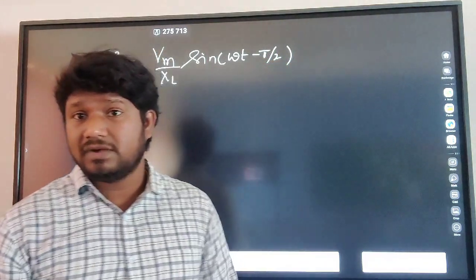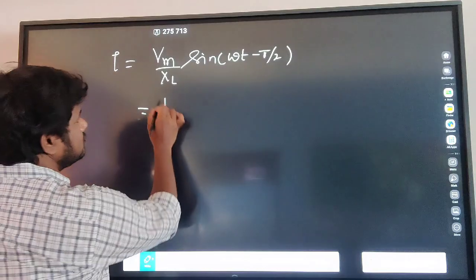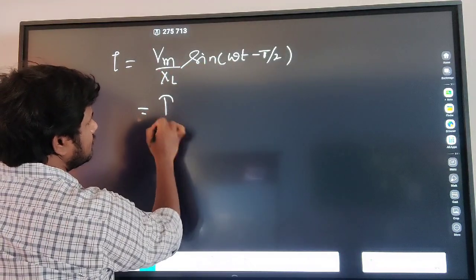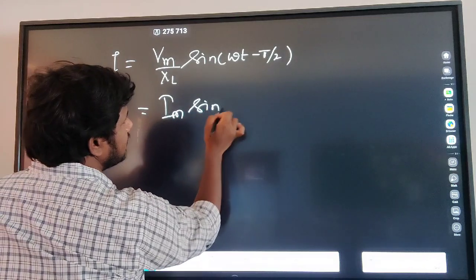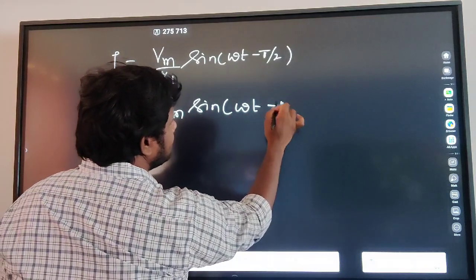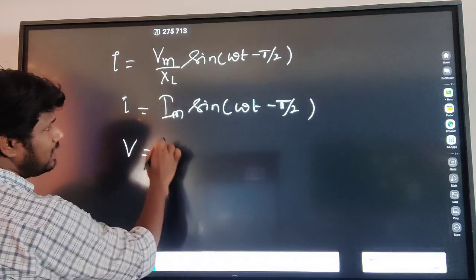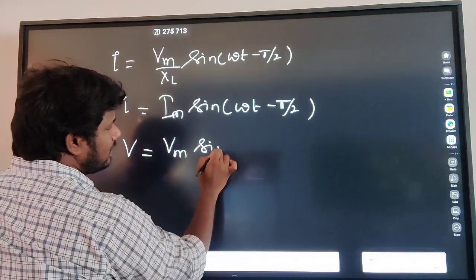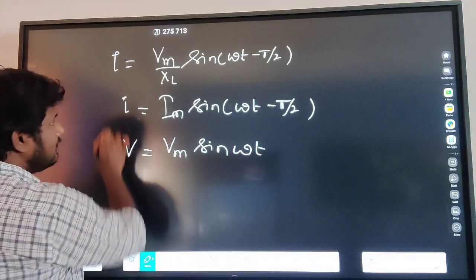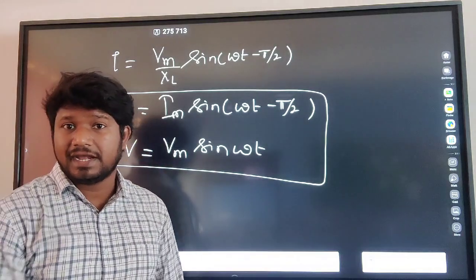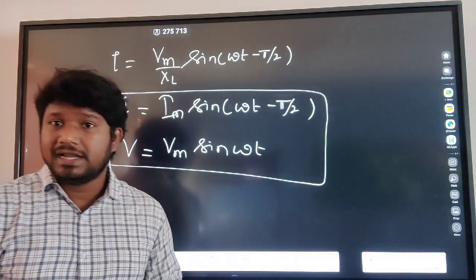That we are going to write further as Im. So i equals Im sine of omega t minus pi by 2. Then v, the supply, equals Vm sine omega t. So finally I got the voltage and current equations for the inductor.